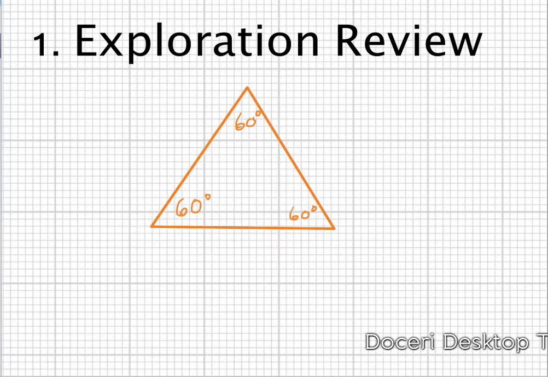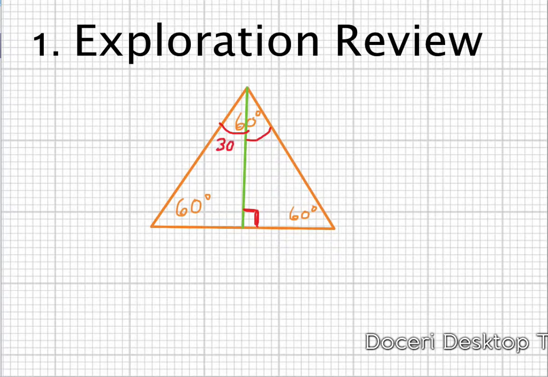Now, if I were to drop the altitude from the top of the triangle down, that makes a 90-degree angle. And it also bisects the top 60-degree angle, which means I get 30 degrees.